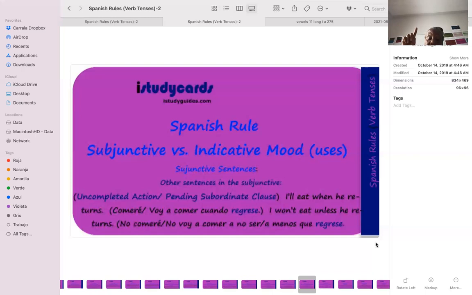A no ser, a menos que, a no ser, which means unless, okay? Or a menos que regrese. That's the subjunctive.